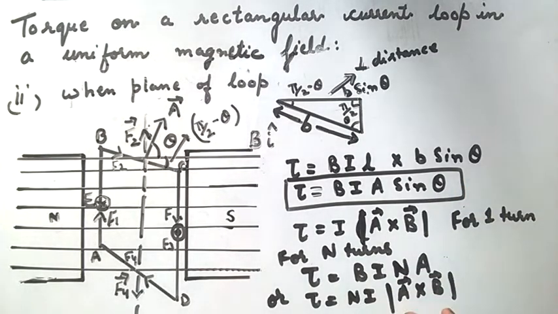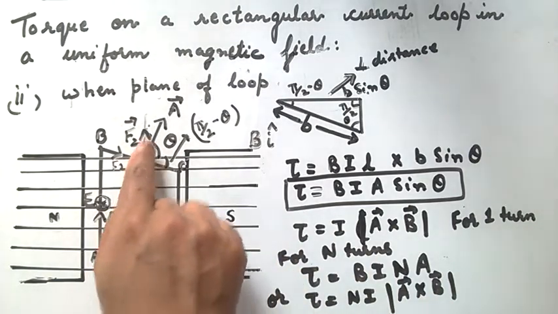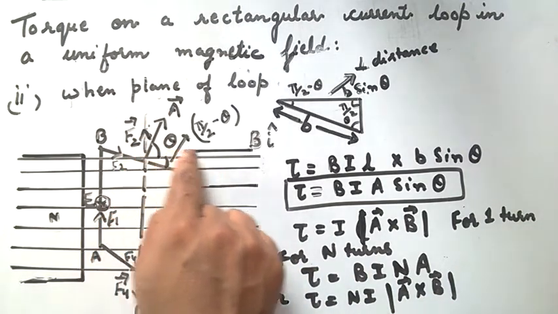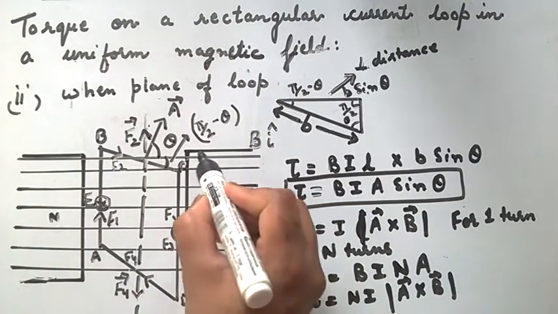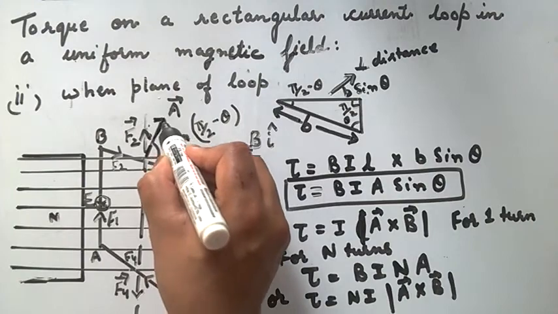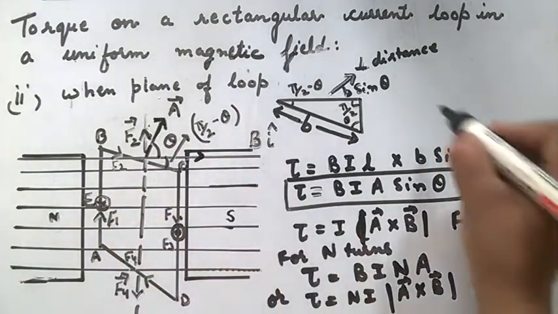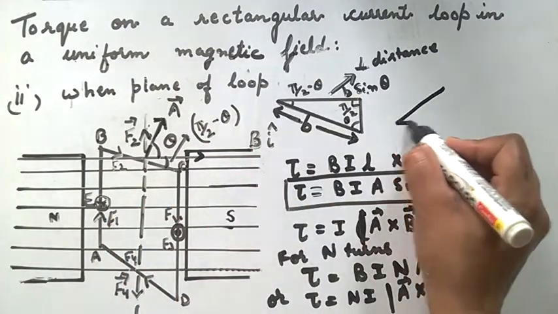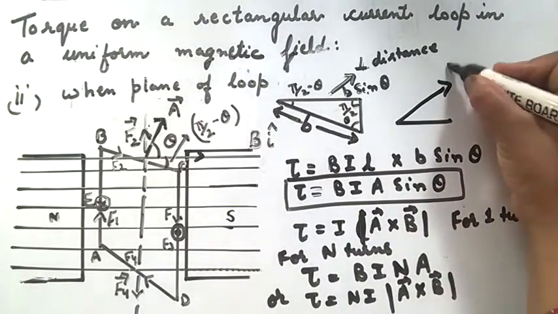Now here A vector and this is B vector. So by this we can find the direction of torque, that is here A vector and this is B vector. Angle between them is theta.